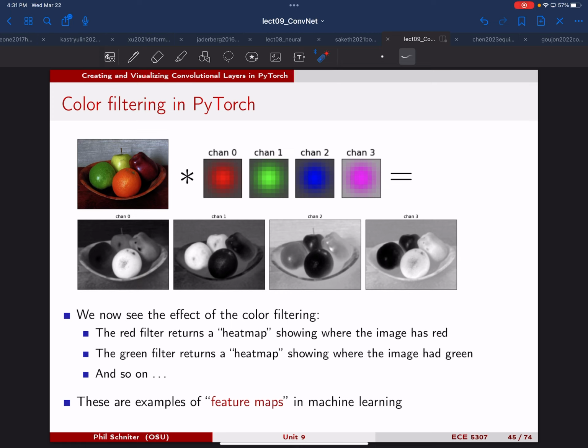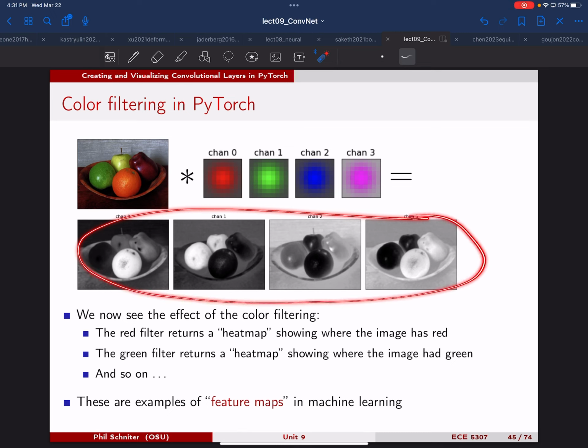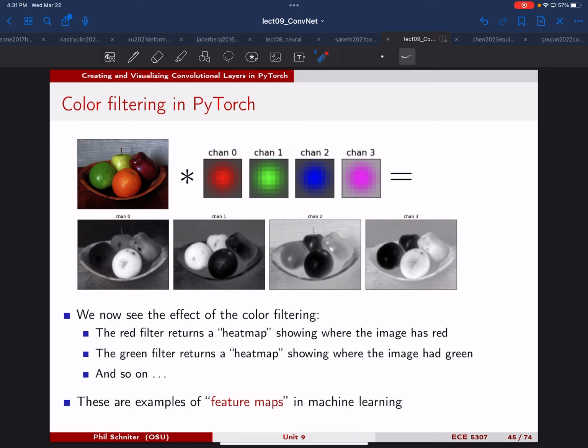Okay. All right, so this kind of stuff is what's happening inside a neural network. I'll show you other examples later. So maybe this is your input, and then this happens in your first layer. Sorry, this is your first convolutional layer, and then the features or feature maps that come out of it might look like this.